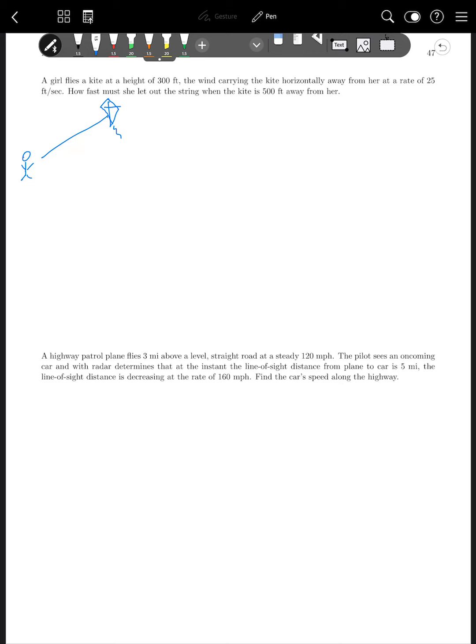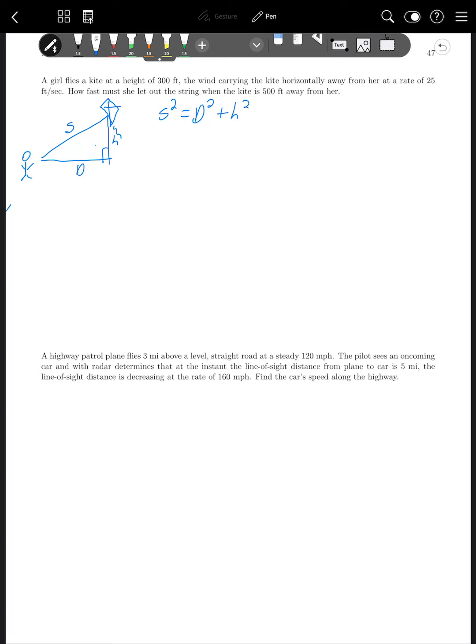So what we've got going on here is the length of the string, the horizontal distance from the girl to the kite, which let's call capital D, and then the height of the kite off the ground. You should notice this is a right triangle, which means you're probably going to use this formula, right? S squared equals D squared plus H squared.